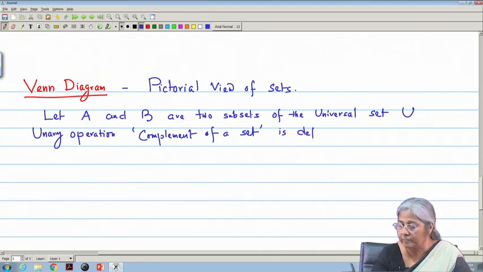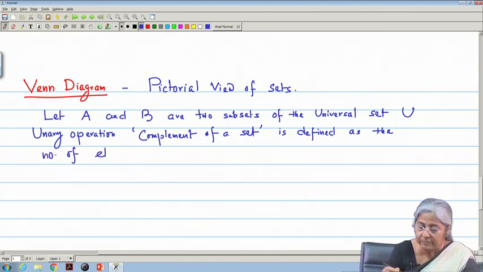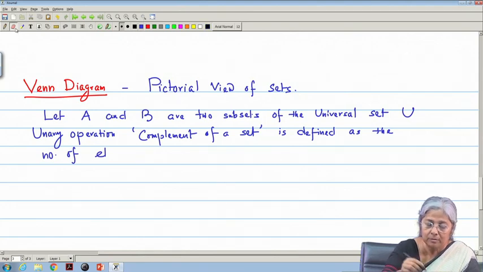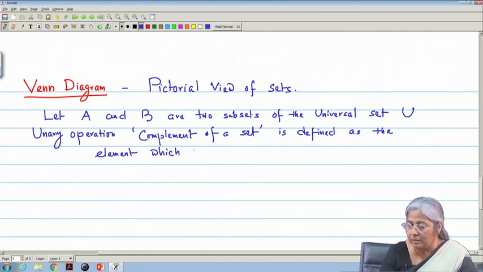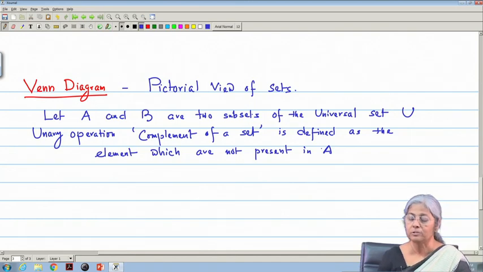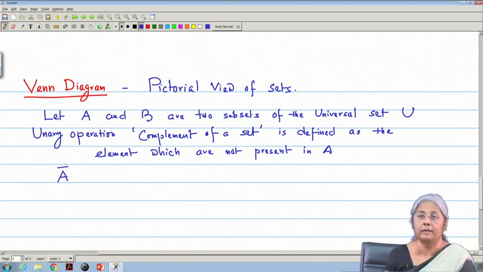The complement of a set is defined as the elements, sorry, not number, the elements which are not present in A. If we consider the complement of A, normally we denote this as A complement.